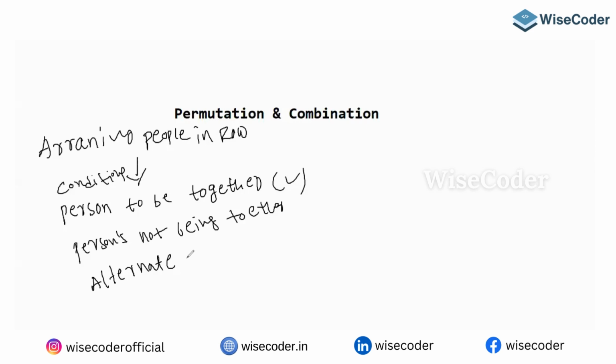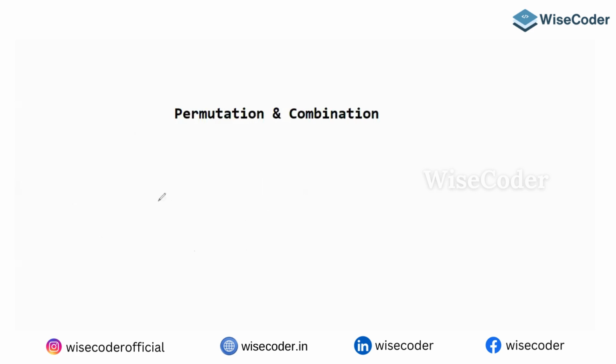Guys, arrangements are relative positioning among themselves. Let's consider the following. There are two linear arrangements. Now we are talking about circular arrangements.